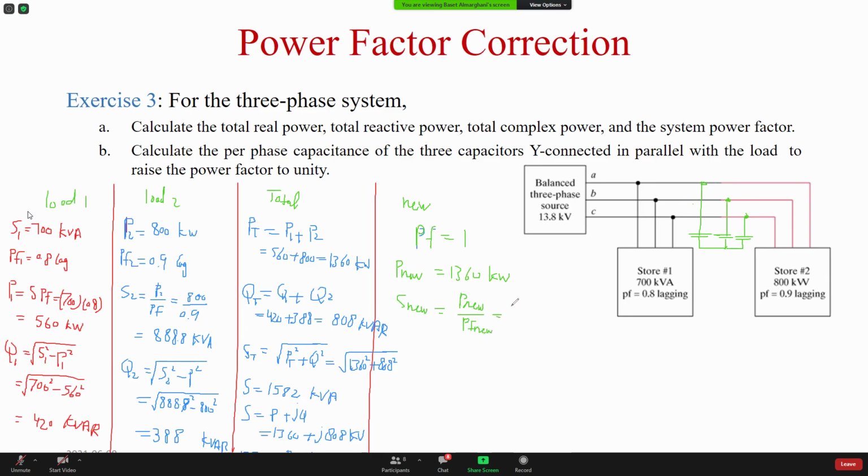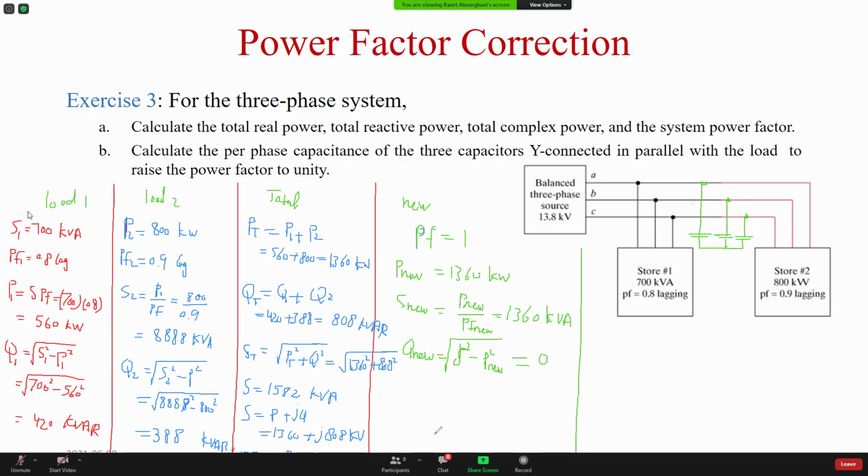Now divide by 1, so 1360 kilovolt ampere. Q new is the square root of S new squared minus P new squared. It's gonna be 0 because they're the same. Power factor is 1, so it's 0.